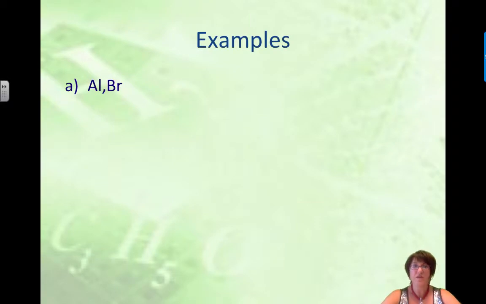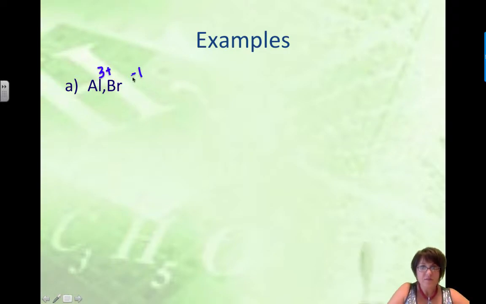So here's a couple more examples. Aluminum has a 3+ charge. Bromine has a -1 charge. So let's crisscross. I need 1 aluminum to hang out with 3 bromines. So my formula becomes AlBr3.